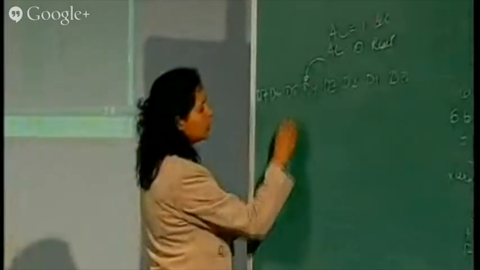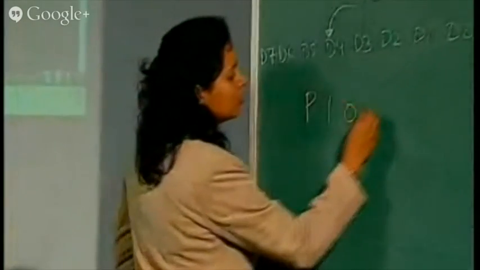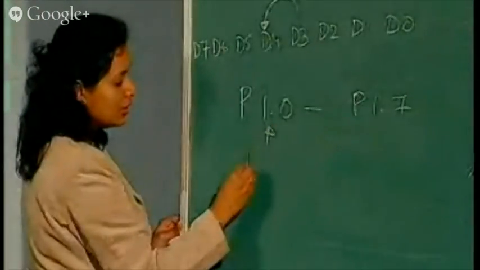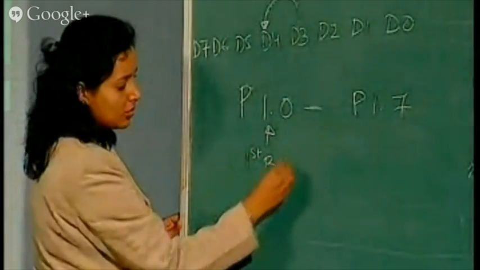Now when I say P1.0 to P1.7, if I ask you that P1.5, what does it mean? See what we have. अभी मैं I'm talking of just one port. Let's say P1.0 to P1.7. So this is basically the first bit.